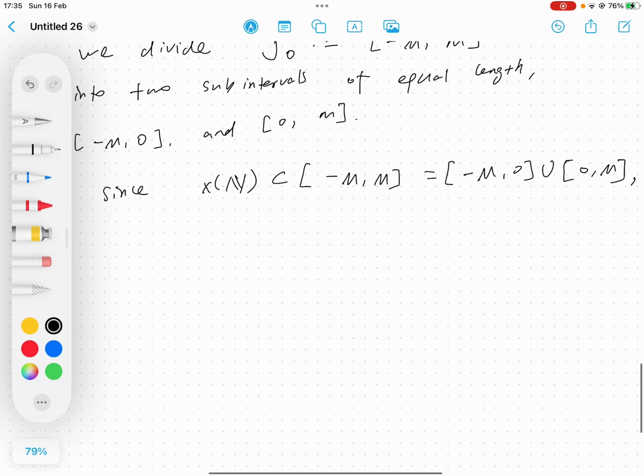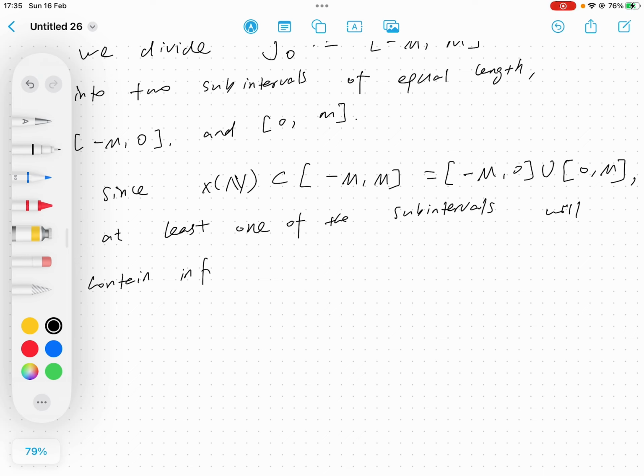So it means at least one of the subintervals will contain infinitely many elements of x_n, okay? So this is a very important step. At least one of the subintervals will contain infinitely many elements of this x_n, okay?